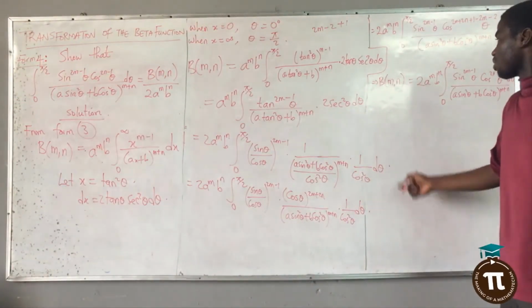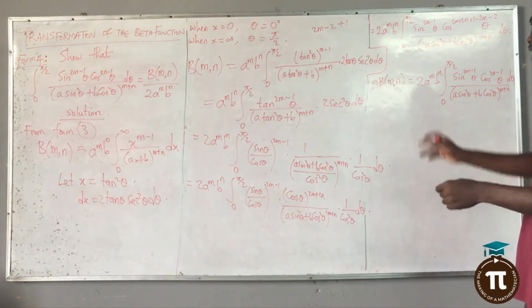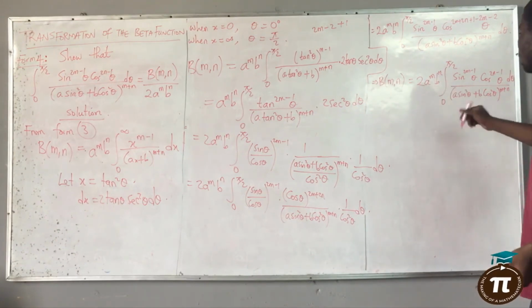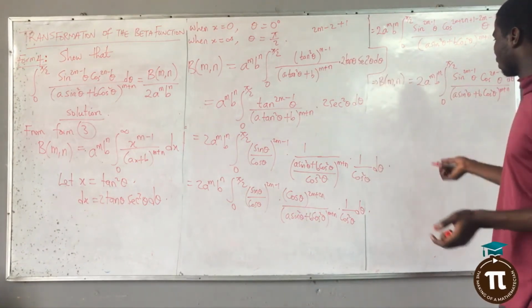I can just divide both sides by 2 a raised to the power of m, b raised to the power of n, so that I will have exactly that.